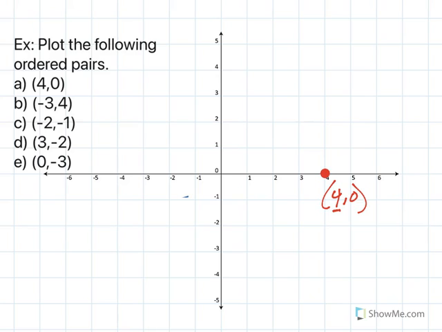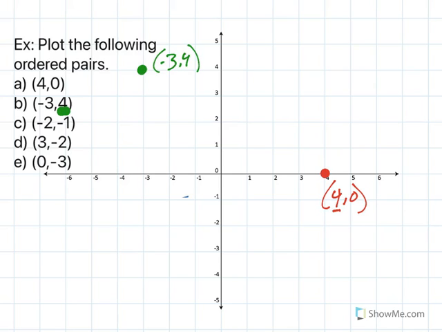Okay, let's go to the next one, letter B. -3, 4, so that means I go left 3, 1, 2, 3, and then I go up 4, 1, 2, 3, 4. So this is where my point is, right? So we always do the right or left first, and then you move up or down. Let's make that point just a little bit nicer. So -3, 4. And that is the ordered pair, -3, 4.